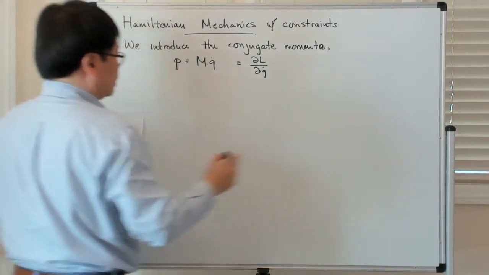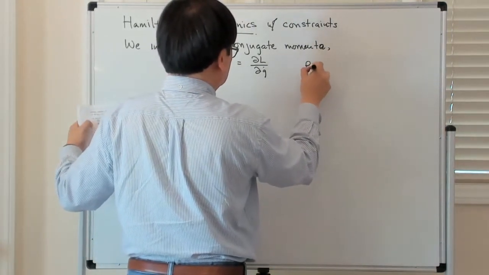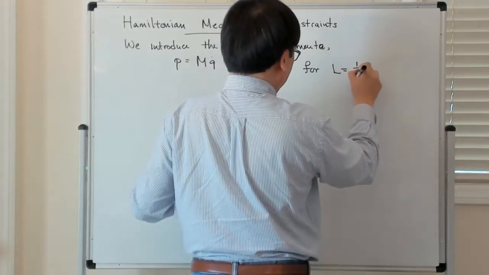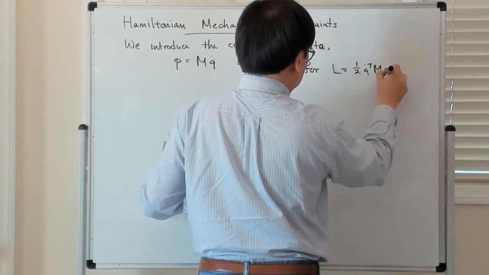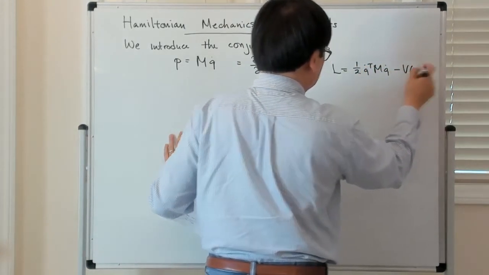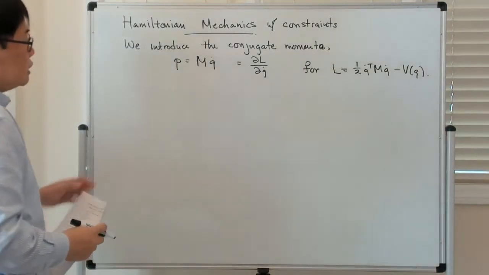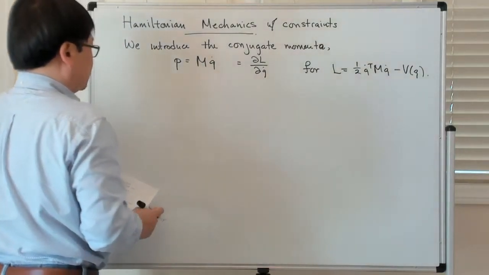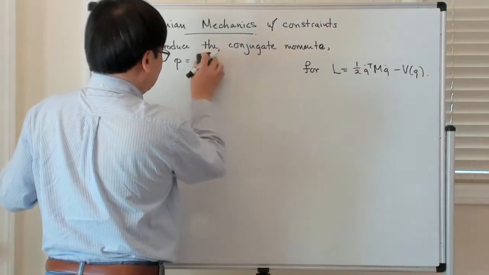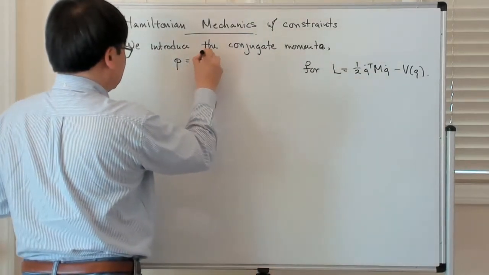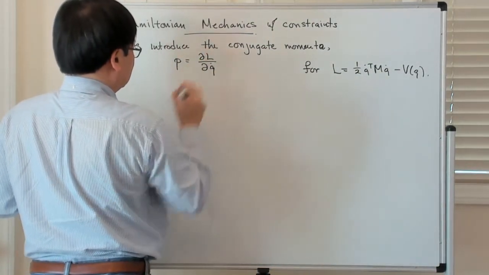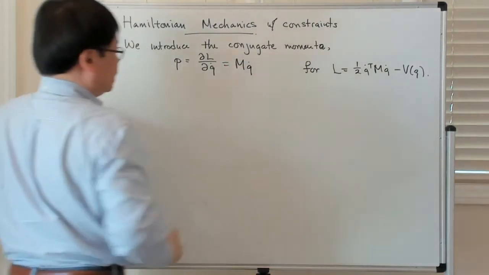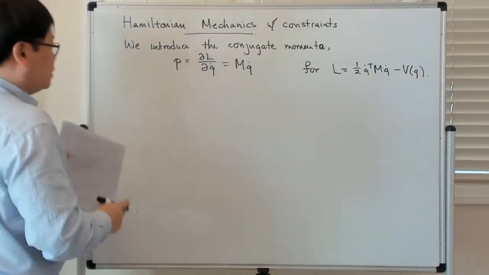This is true for a Lagrangian which is, for example, half q dot transpose M q dot minus V of q, this kind of separable Lagrangian with quadratic kinetic energy term. So in general, the momentum is this partial derivative of the Lagrangian with respect to the velocity, but for a Lagrangian of this form, it's M q dot.